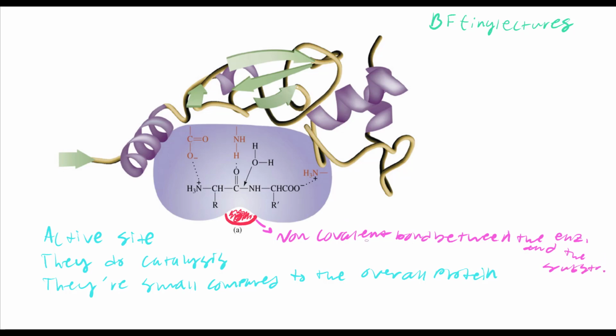Well, it can be a hydrogen bond. So bonds can be hydrogen bonds. They can also be hydrophobic bonds. And they can also be kind of like ionic interactions, yeah.